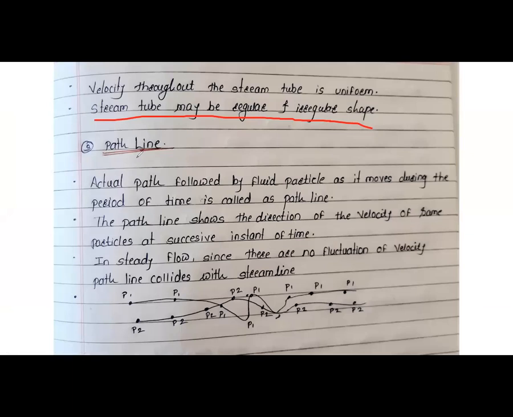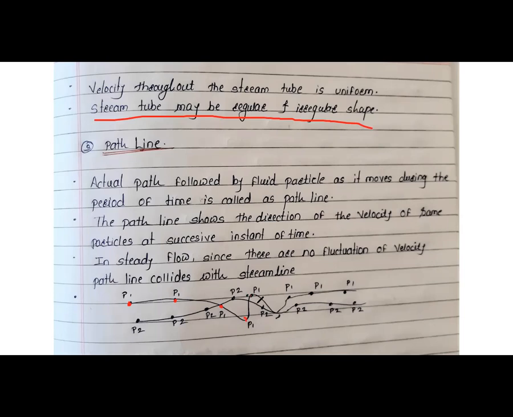Next one is the path line. A path line is one of the simplest lines, showing the actual path that a particular point has followed. If we consider one point, call it P1, at a particular instant of time we see P1 at this position, at the second time it is at this position, and then this position.